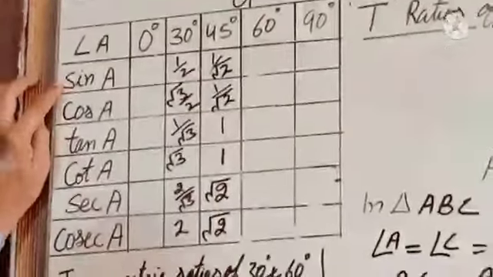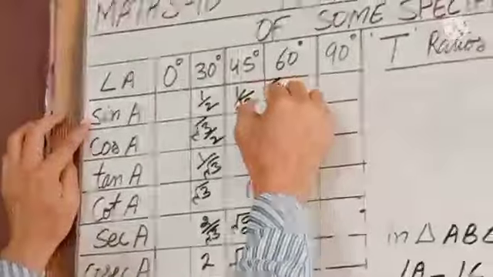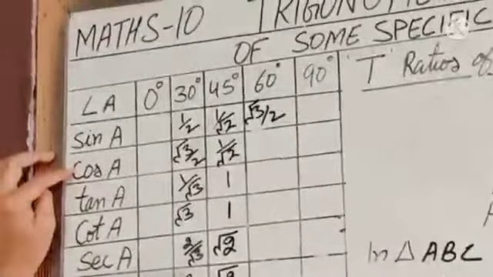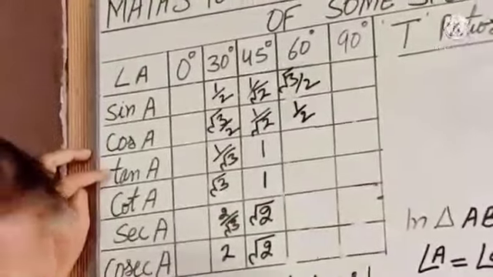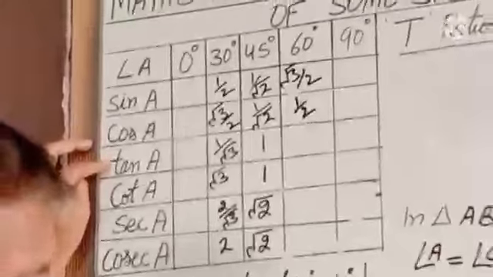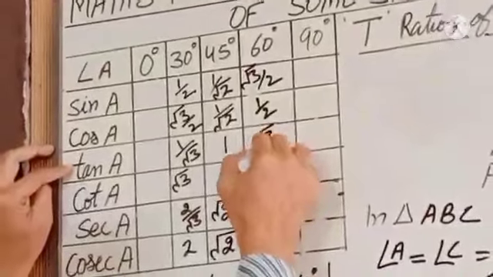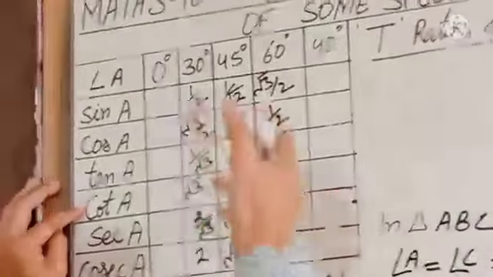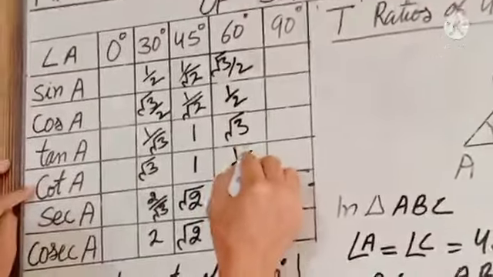Sin 60 we have already calculated to be root 3 upon 2. Then cos 60 we have calculated to be 1 upon 2. Then tan 60 we have calculated to be root 3. Cot, it is the inverse of tan, so it will give you 1 upon root 3.